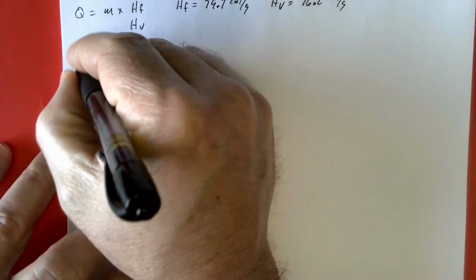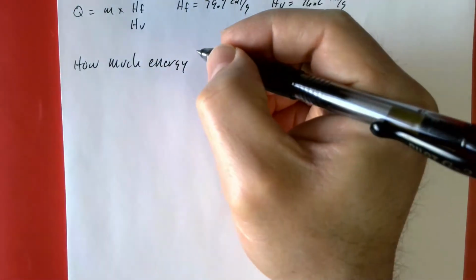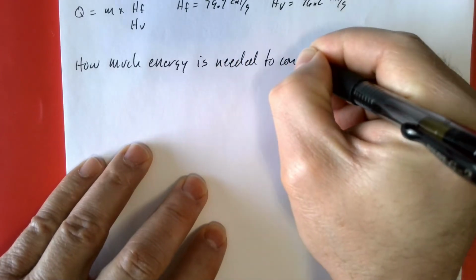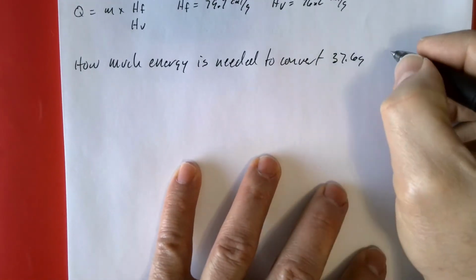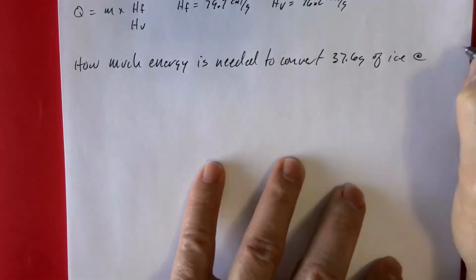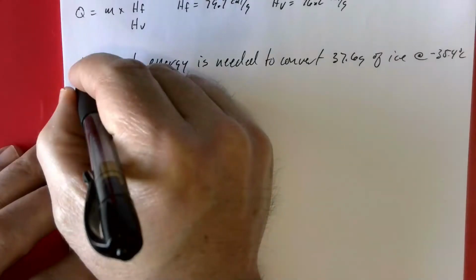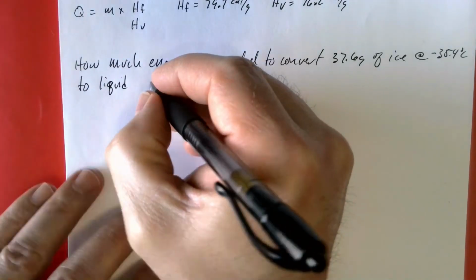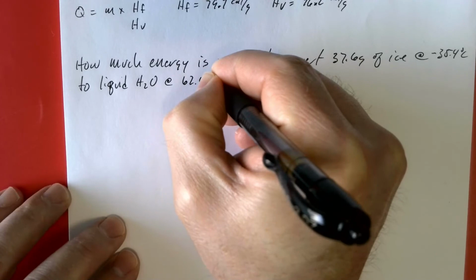And it would say how much energy is needed to convert 37.6 grams of ice at negative 35.4 degrees Celsius to liquid H2O at 62.4 degrees Celsius.